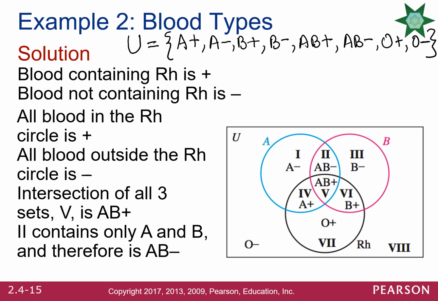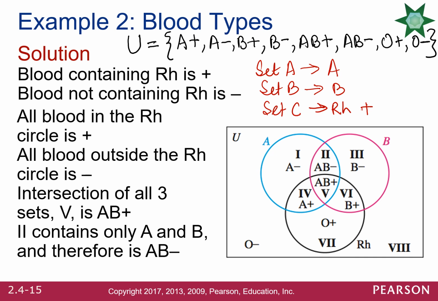We have three circles, or three sets: set A, set B, and set C, or the set for Rh. The Rh set will only contain the positives, set B will be the set of B's, and set A will contain all the A type blood groups.